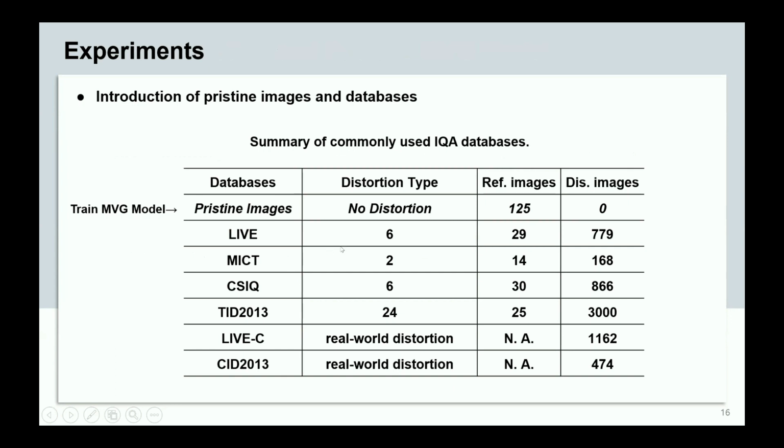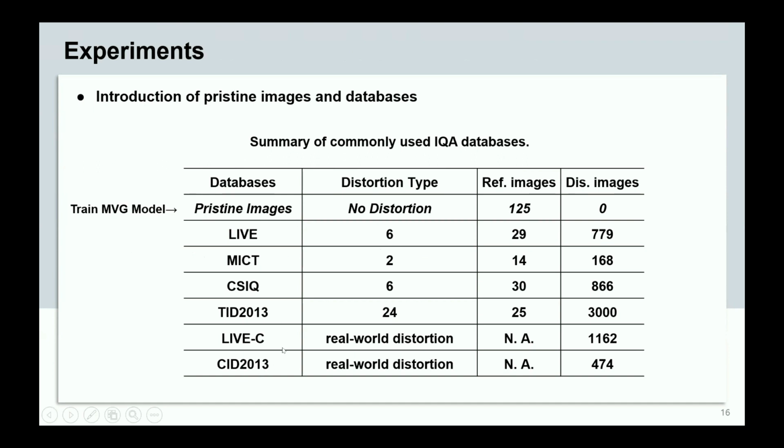Here come the experiments. This is a summary of commonly used IQA databases. First, the pristine images come from the NIQE article, and it has 125 images without distortion, and we use them to train the MVG model and KLT kernel.